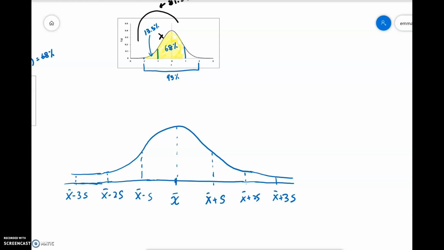Or if I want to use the z-scores, then I can always find the percentage for each region, which is 34%.